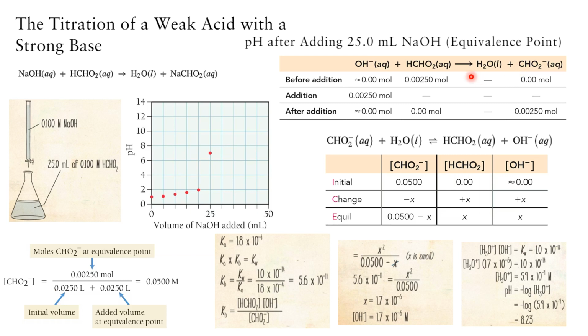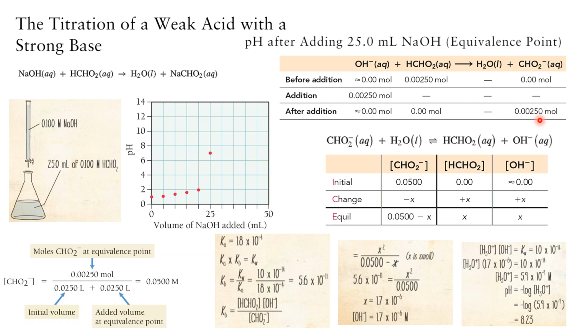And what that tells me is that if I started with this amount of acid and I've consumed all of it, all of this had to convert to its conjugate base. And we have absolutely no more acid left at our equivalence point because we added exactly the right amount of base to eat up all of our acid. So the only thing we have left floating around in this flask over here is conjugate base.